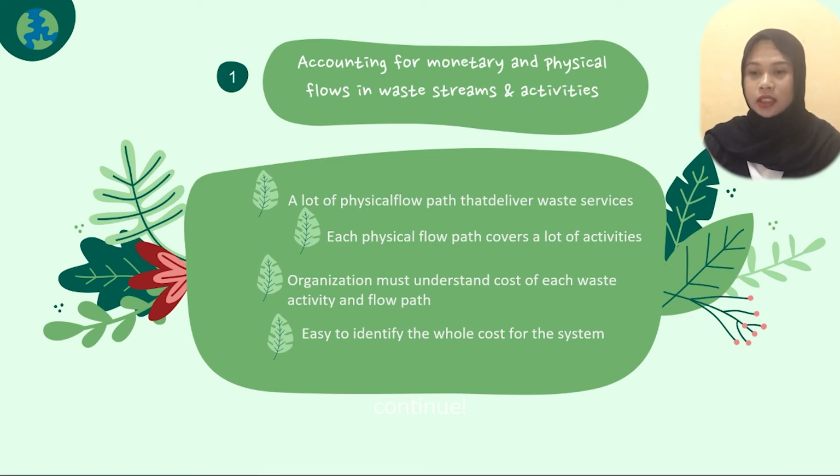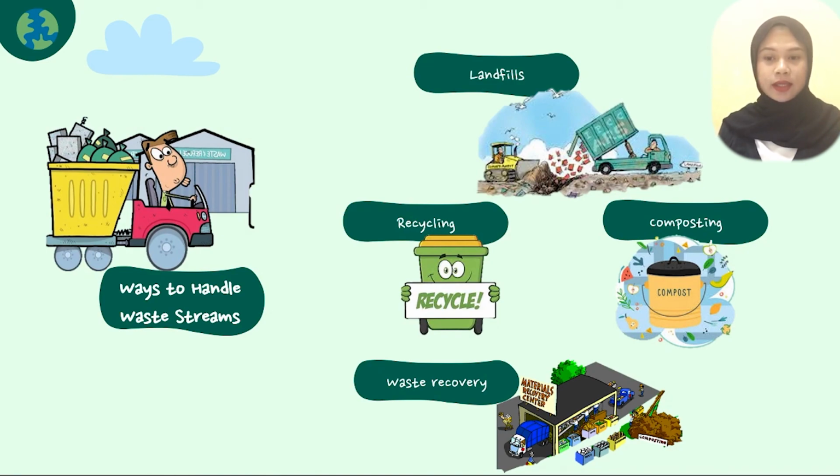So it is necessary for the organization to understand the cost of each waste activity and the flow path in order to identify the whole cost for the system. There are many ways to handle the waste streams, such as landfills, recycling, composting, and waste recovery.